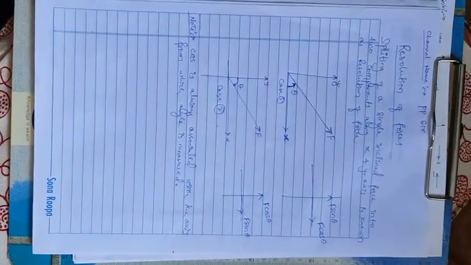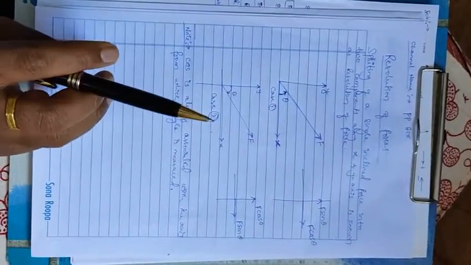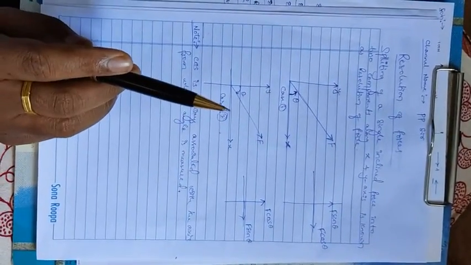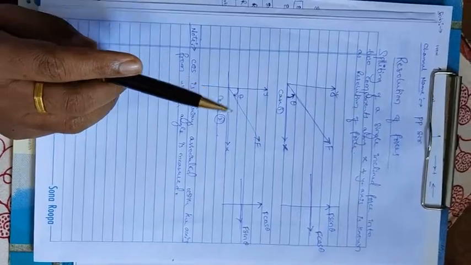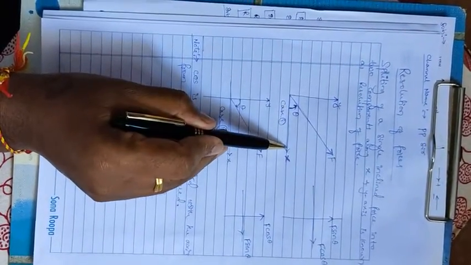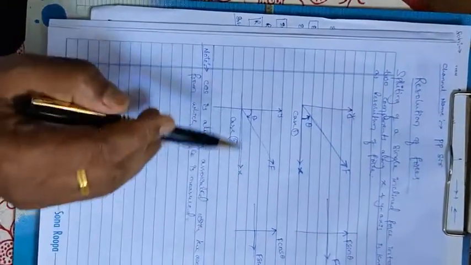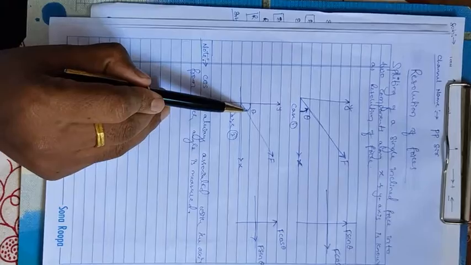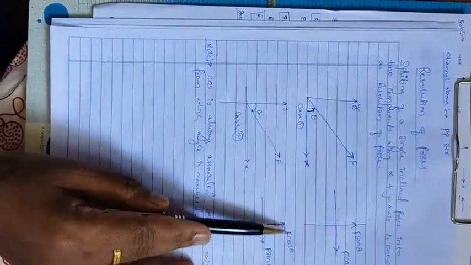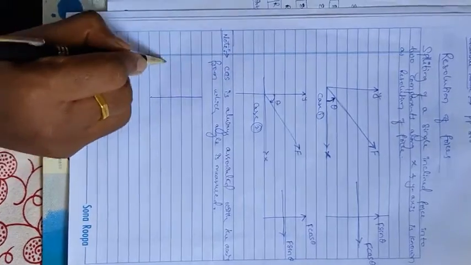So we came to know that cos will always be with the force component along the axis from which the angle is measured. For case 1, the cos is associated with the x axis because the angle is measured with respect to x axis. In the second case, the angle is measured with respect to y axis, so the y component is F into cos theta.